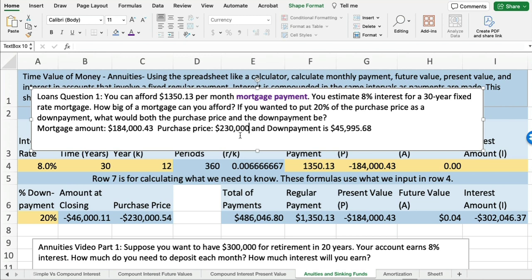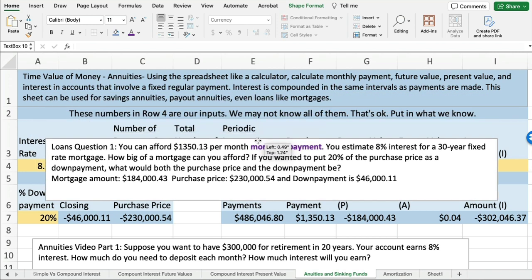So if we offered a purchase price of exactly $230,000 and we knew that we would be able to put $46,000 down as a down payment, we'd be safe. We're good to go. We'll be able to afford that amount of house, because that means that our monthly payment is going to be exactly $1,350.13. So we've answered all three parts of the question. What's our mortgage amount? What's our purchase price? And what's our down payment?